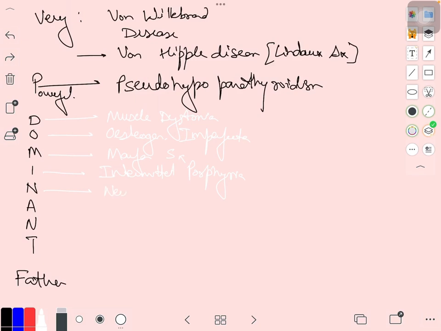For N, it is neurofibromatosis, which is again of two types. Neurofibromatosis, also known as NF. Okay, don't get confused. We have NF1 and NF2. For A, we have achondroplasia.